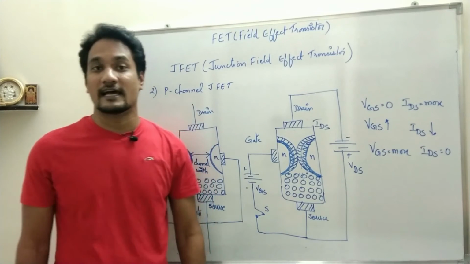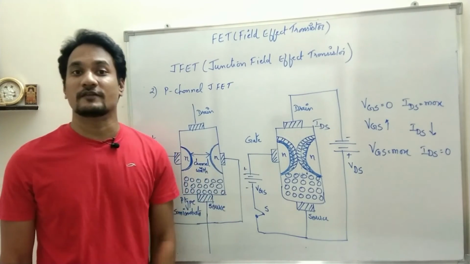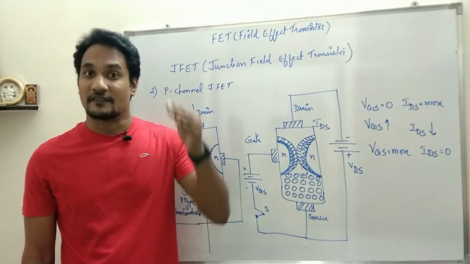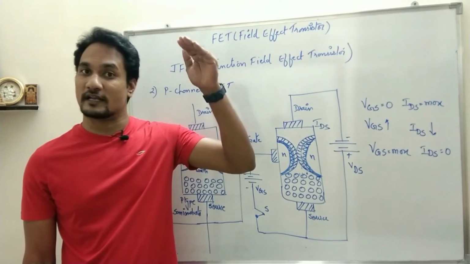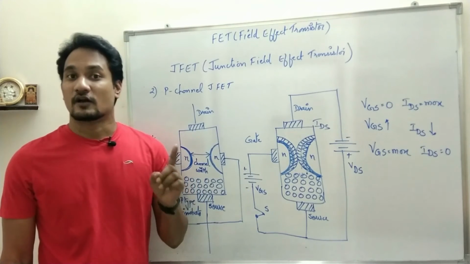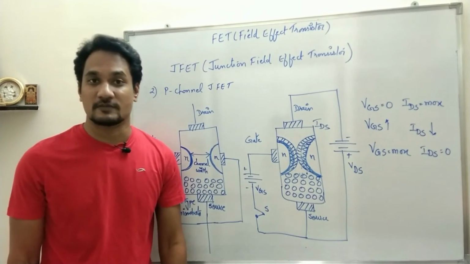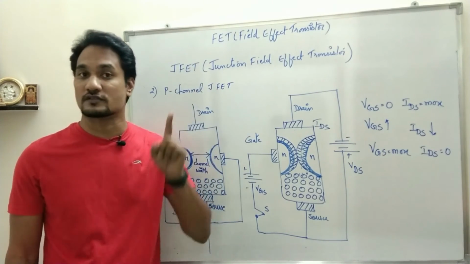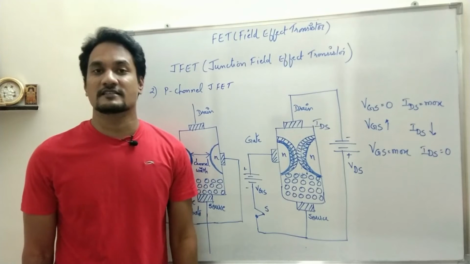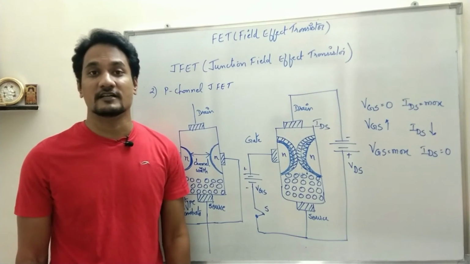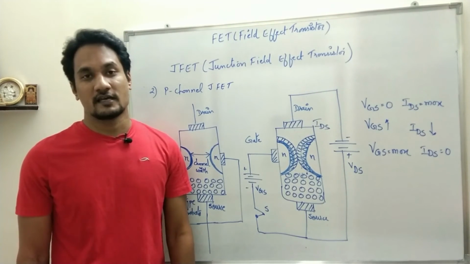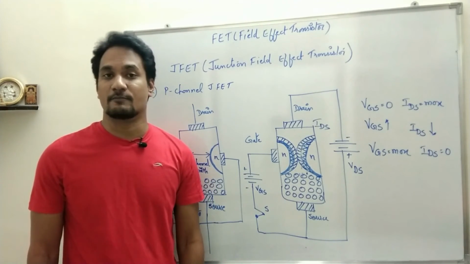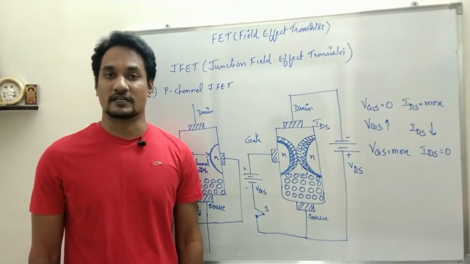That current is called IDS, and the potential between drain and source is called VDS. The current flowing from source to drain is controlled by the external potential applied between gate and source. Remember always that the gate and source terminals should be in reverse bias condition. So this is all about construction and working of N channel and P channel JFET. I hope you have understood.